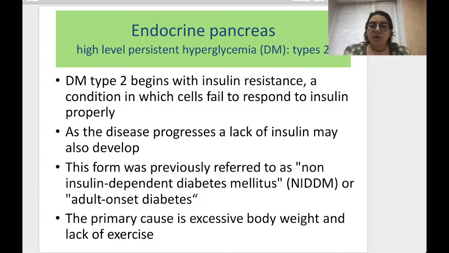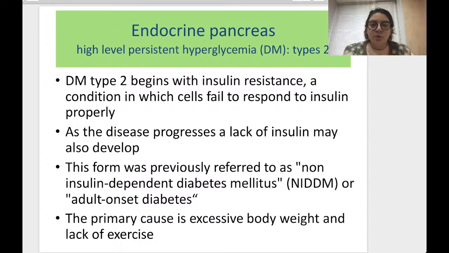And diabetes mellitus type 2, by mechanism, is an absolutely different disorder. It begins with insulin resistance, a condition in which all cells of the body fail to respond to insulin properly.